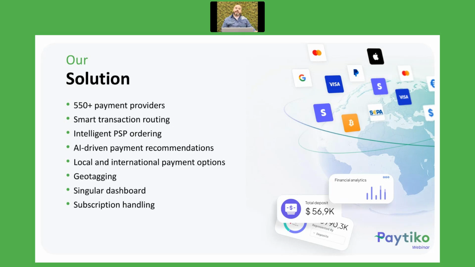So geotagging is again another tool that we provide to the clients. Based on the merchant's client's location, our system shows the most relevant payment methods. And again, based on the geotagging, it creates the specific order that every single payment attempt goes through. But I'll get to that in a bit. Of course, the main thing here is that we put the connection between you as a merchant to the multiple payment service providers under a single dashboard.